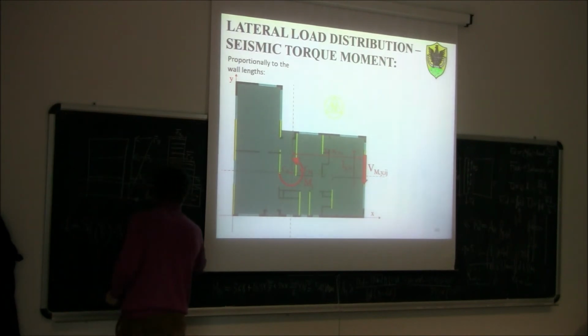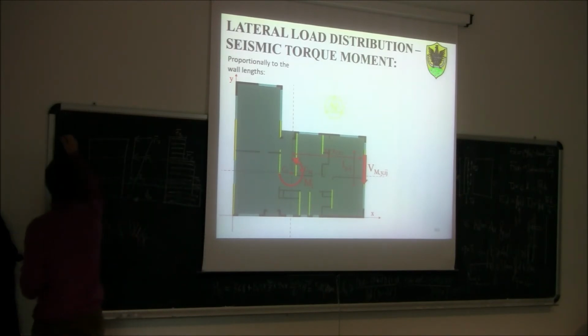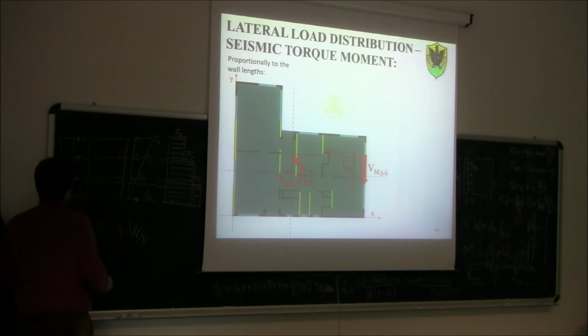So then, once I have this value, basically I know for each wall, so this is a generic wall, shear wall of the building. For each wall of the building now, I have the value of forces 1, 2, and 3. So if you want, I have directly the shear in the end.